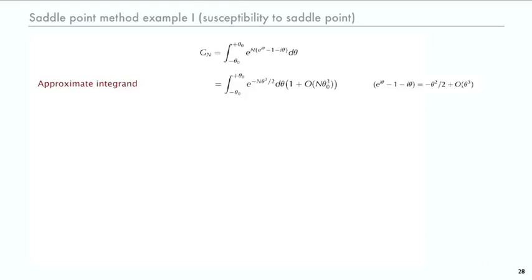Just expand e to the i theta, subtracting off the first terms. The leading term left is the quadratic approximation that we're talking about. By restricting theta 0 to be less than a certain value, we can drop the big O term and get an approximation of our integral, as long as theta 0 is n to the alpha with alpha less than minus 1/3.